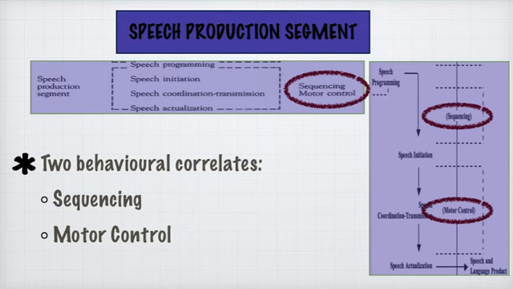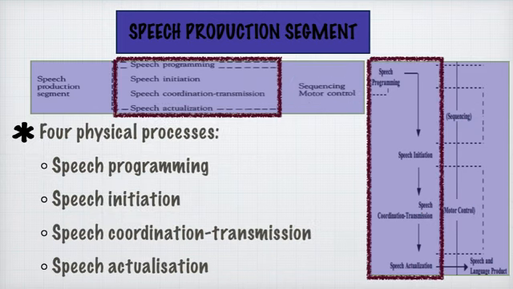So this segment has two behavioral correlates. First is sequencing, next is motor control. And four physical processes, namely speech programming, speech initiation, speech coordination and transmission, and speech actualization.